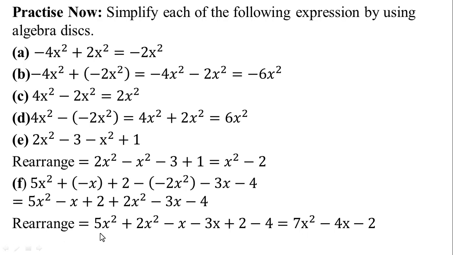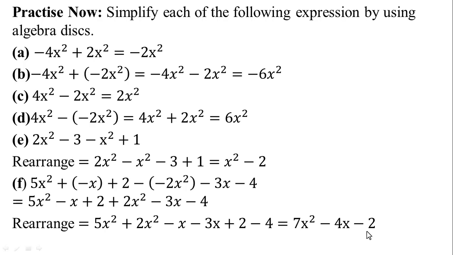Then 5x square plus 2x square minus x minus 3x plus 2 minus 4. Here 5x square plus 2x square is equal to 7x square, and minus 1 and minus 3 minus 4, so minus 4x. Plus 2 minus 4 is minus 2, so the final answer of F part is 7x square minus 4x minus 2.